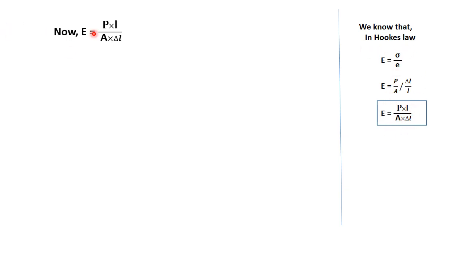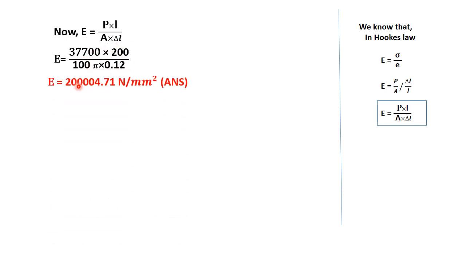E is nothing but the Young's modulus. E is equal to P into L upon A into delta L. Here P is the load, L is the original length, A is the area, and delta L is the change in length. After putting all the values here, we get this value for the Young's modulus.